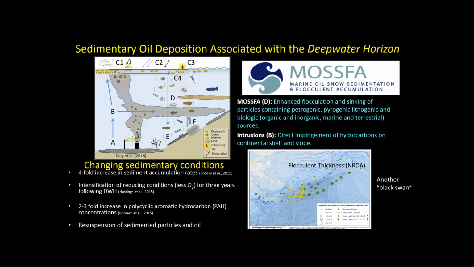Horizon oil to the bottom, and in layman's terms, they represent the dirty bathtub ring, where you've got the impingement of these deep plumes on the bathymetry. This is a very steep bathymetry, so as the deep water plumes manifested, they basically grounded on the bathymetry, and so you've got this bathtub ring of oil, and also the so-called dirty blizzard, and that is marine snow collecting oil on the way down and being deposited on the seabed.